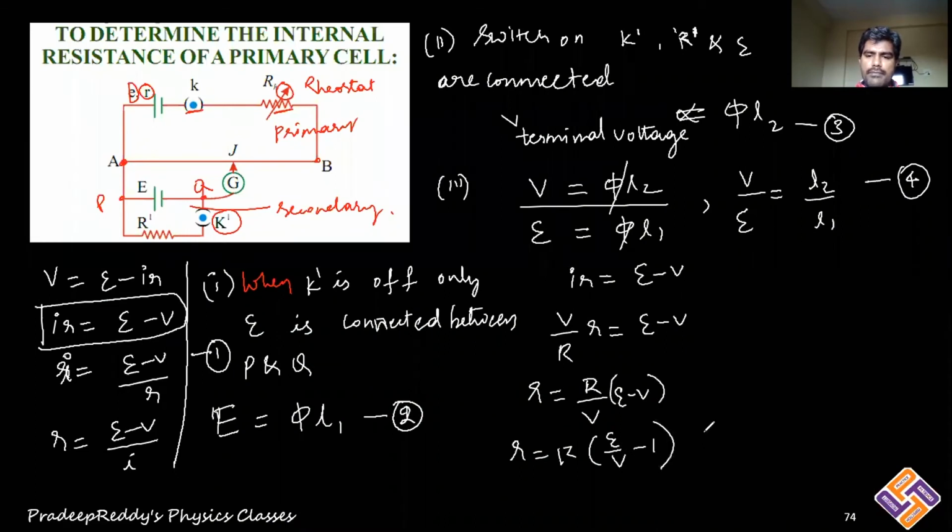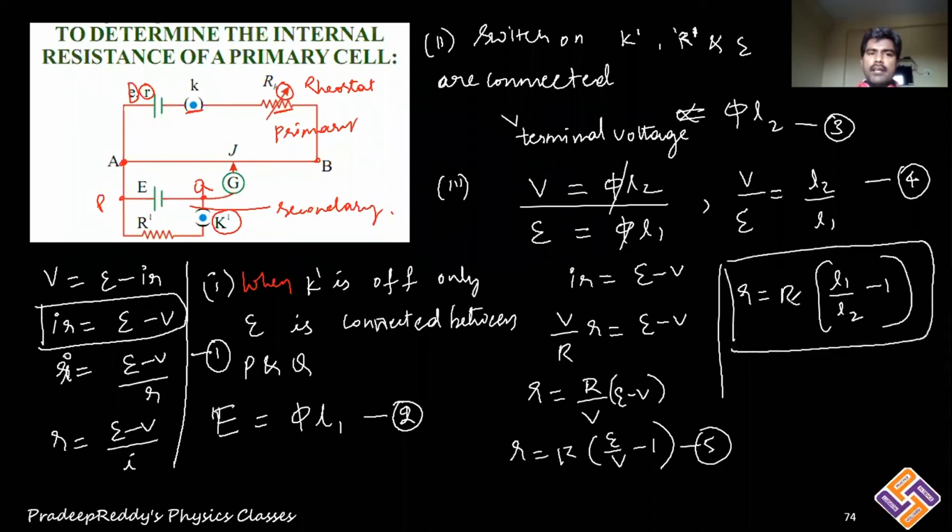That's equation number 5. Take this 4 and substitute in equation 5. Small r is equal to capital R into, what is E by V? E by V is L1 divided by L2 minus 1.